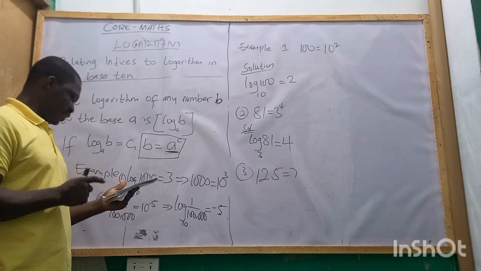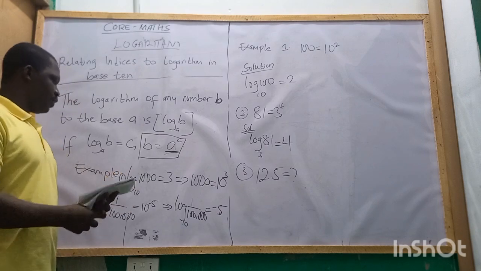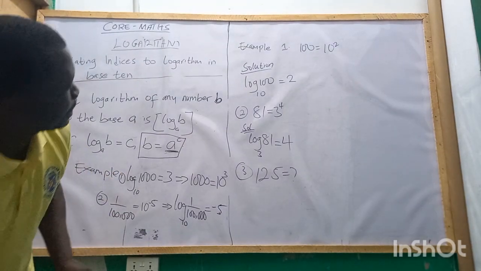Okay, so let me take one with a decimal point, then I'll give you another to try. So example 3.